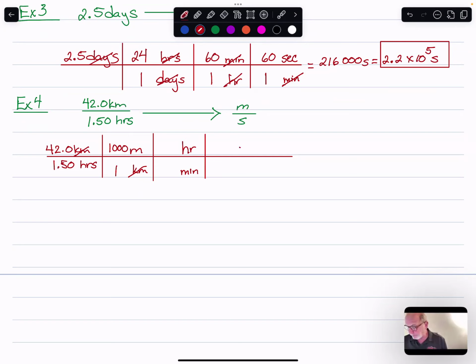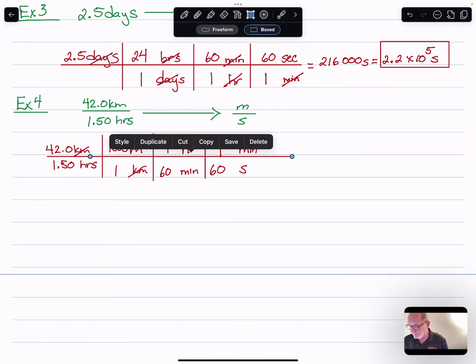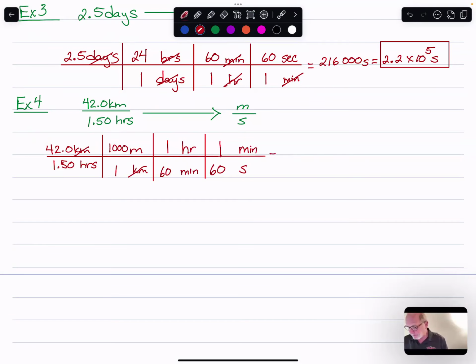We're going to go from minutes to seconds. In 1 hour, 60 minutes, 1 minute, 60 seconds. Do that in 2 steps. Do not combine those time units. Okay? Multiply it across the top, multiply it across the bottom, divide at the end.